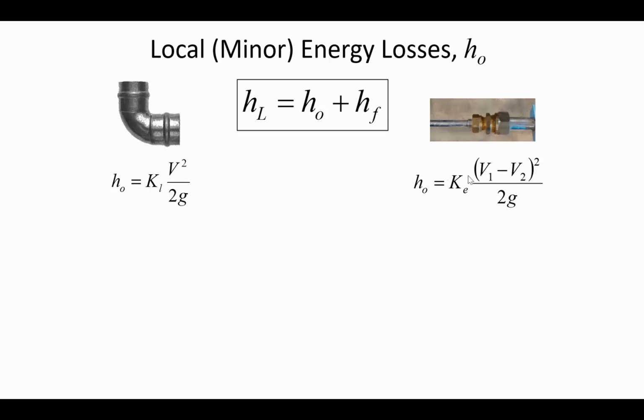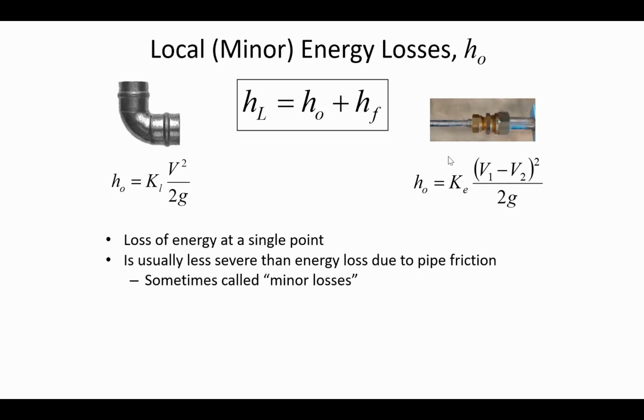Here K sub E means the K value for this particular valve is meant to be multiplied by the difference in the velocity head between the inflow and the outflow. But in other tables, the K value may be calibrated to just the inflow velocity head. So pay special attention to that.